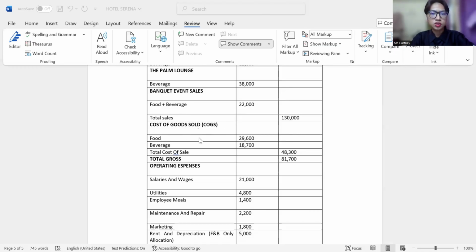Next is cost of goods sold of Hotel Serena F&B department. The food cost is 29,600 and the beverage cost is 18,700.